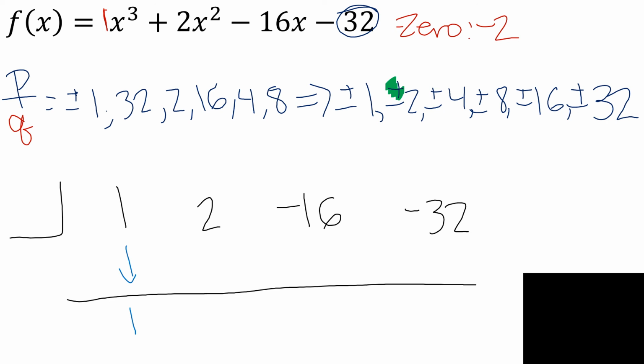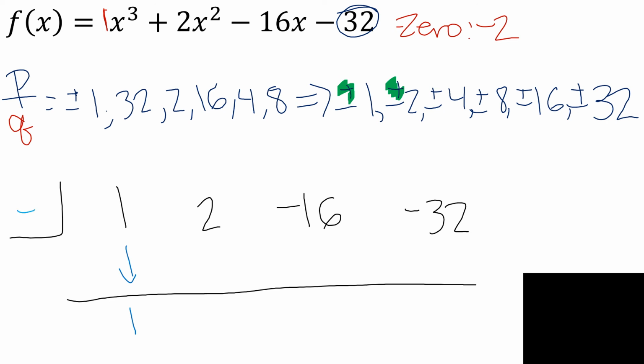I'm going to try it with, what should we try? Let's just try 1. Let's just be boring and we'll go through them all in order. So 1 times 1 is 1, 3, negative 13, negative 13, that's a number. So positive 1 is off the table. And it really just is meant to be gone through super quickly.